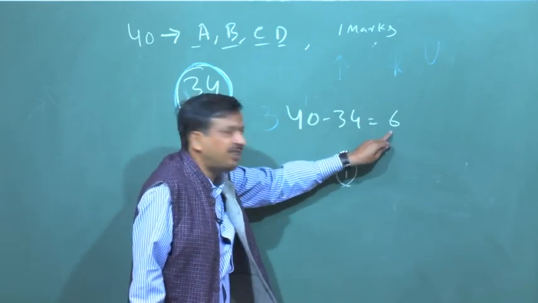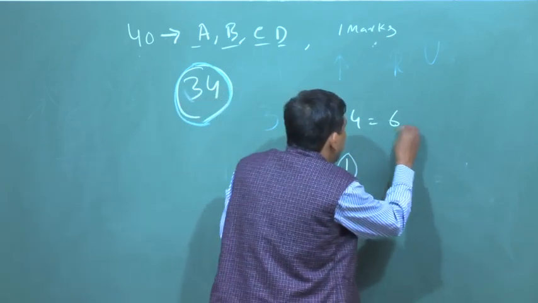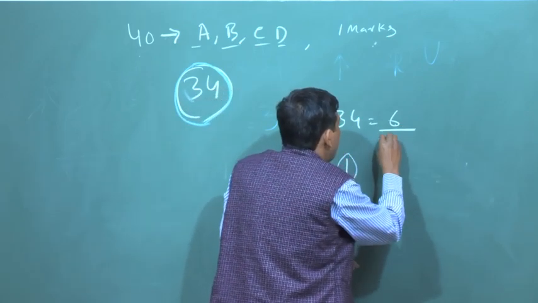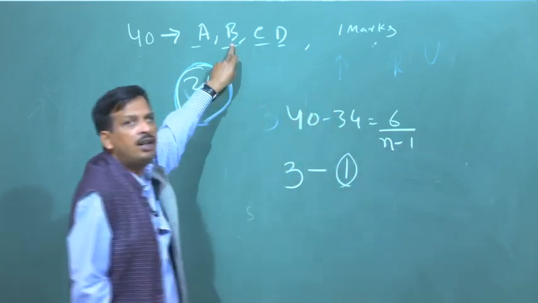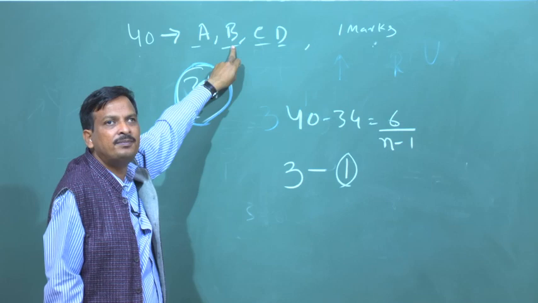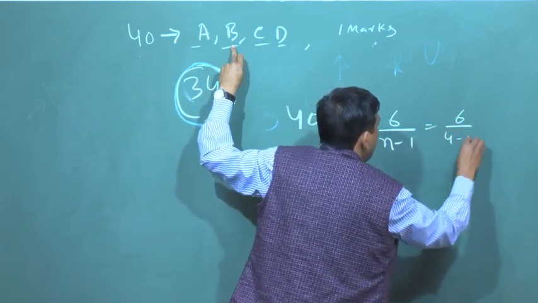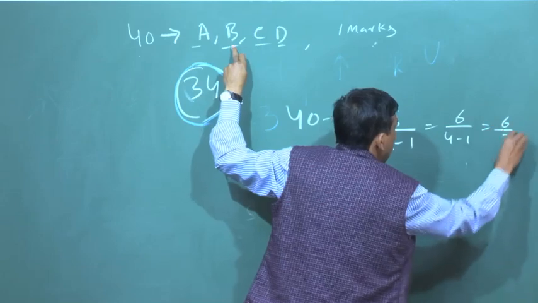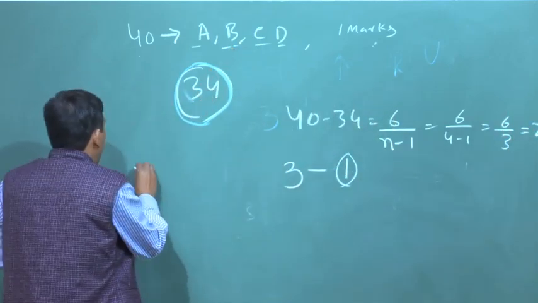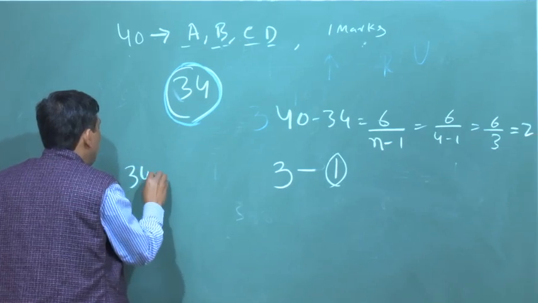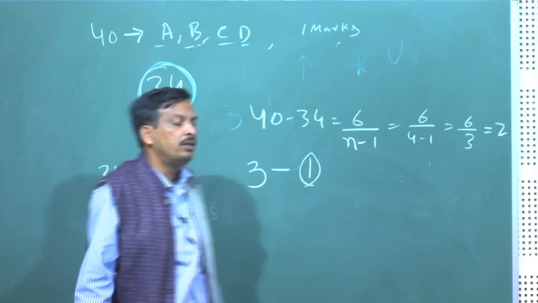So, for 6 wrong answers, every 3 gives 1. The number of choices is n, where n is equal to 4, so it is n minus 1 for guessing. Here it is 6 divided by 4 minus 1, 6 by 3, which is equal to 2. So, the student who got 34 actually guessed 2 marks. So, his correct score is 32.